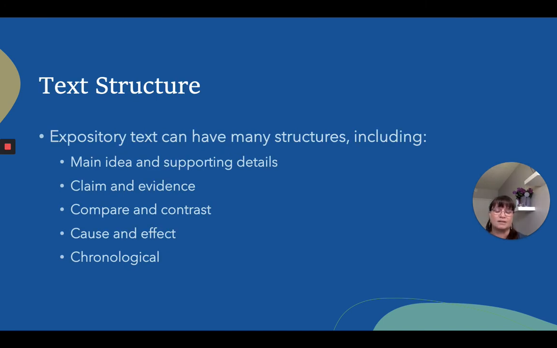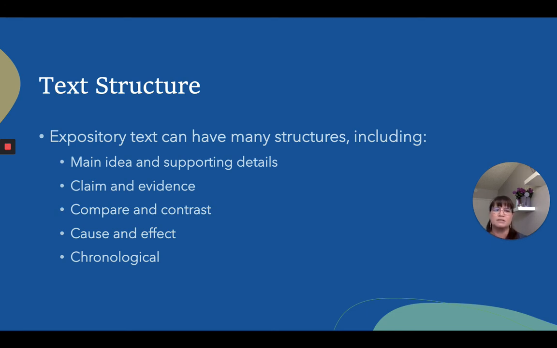And then another aspect of structured literacy is text structure. It cannot be understated the importance of explicitly and systematically teaching students the structure of text. And expository text in particular can have many structures, including main idea and supporting detail, or claim and evidence, comparison and contrast, cause and effect, or chronological.